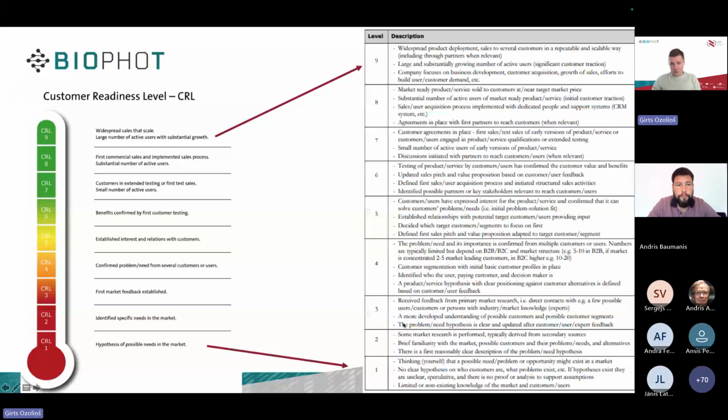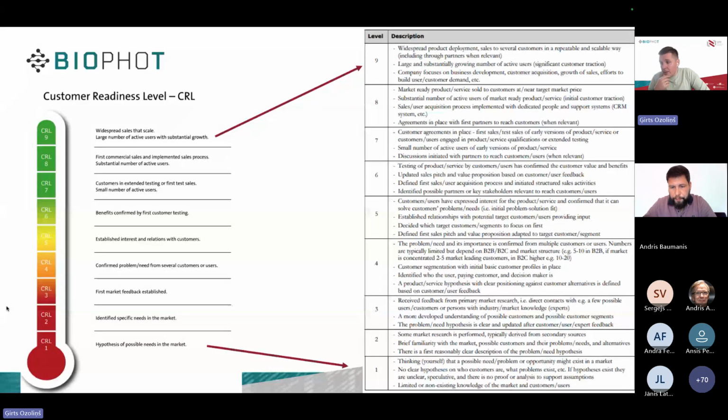So, for example, in customer readiness level number 1, what we have done is: I think that I have a possible need, problem, or opportunity that might exist in the market. I have a hypothesis that I have some solution for the problem.